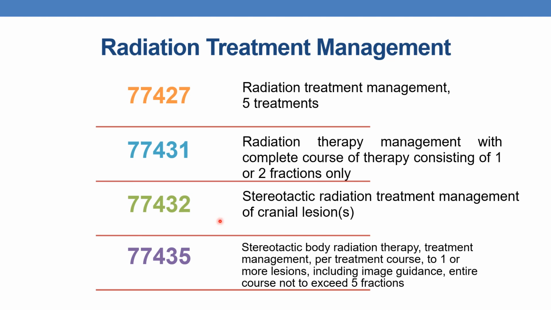The next is 77432, stereotactic radiation treatment management of cranial lesion. The next is 77435, stereotactic body radiation therapy treatment management per treatment course to 1 or more lesions including image guidance, entire course not exceeding 5 fractions.